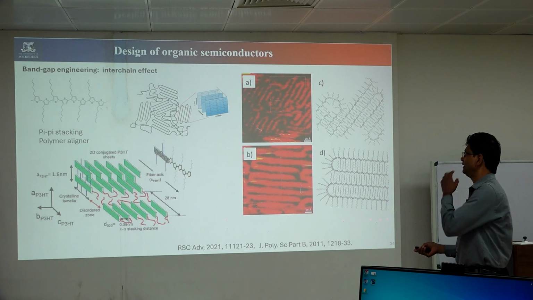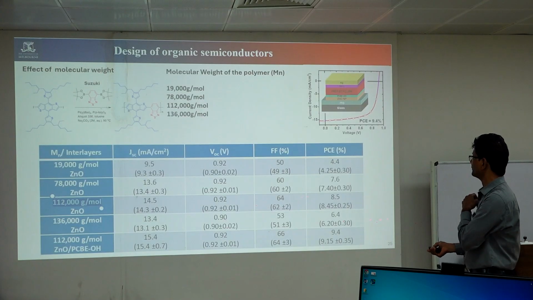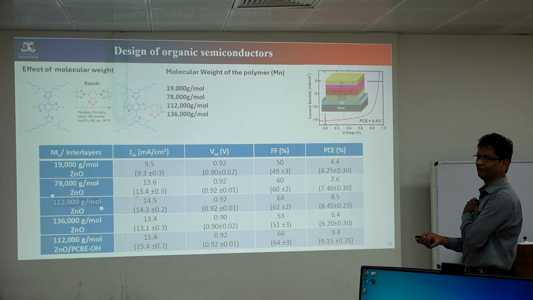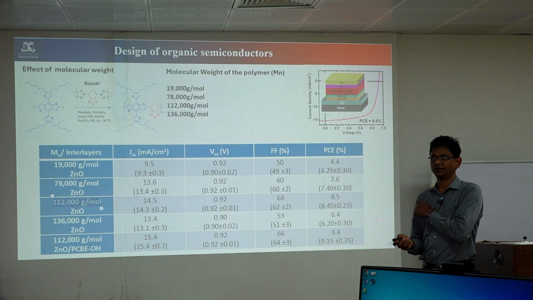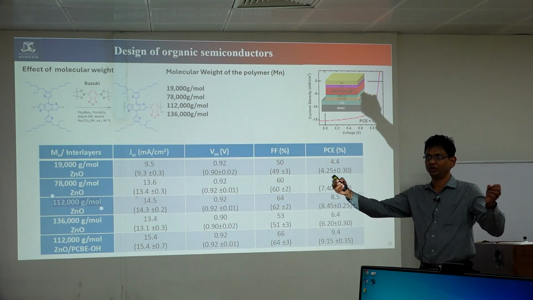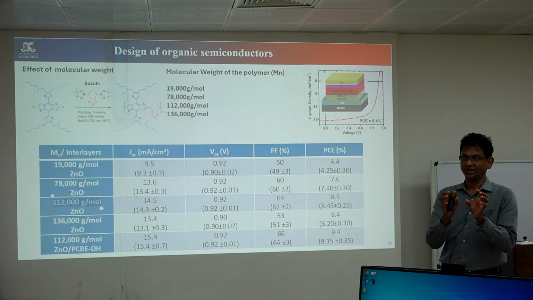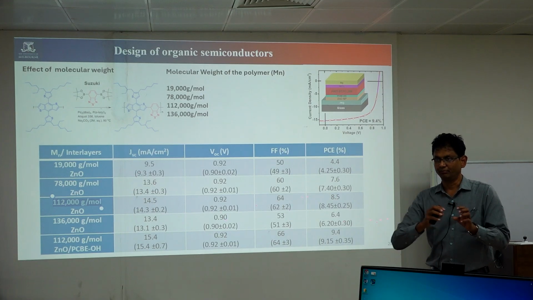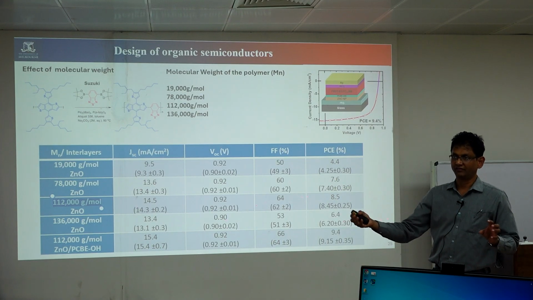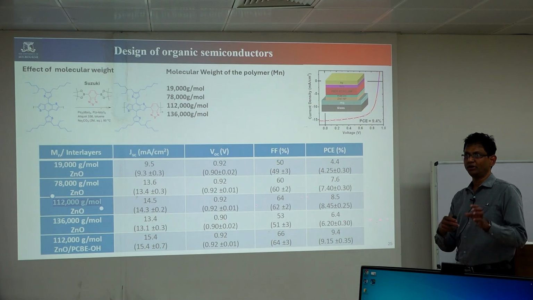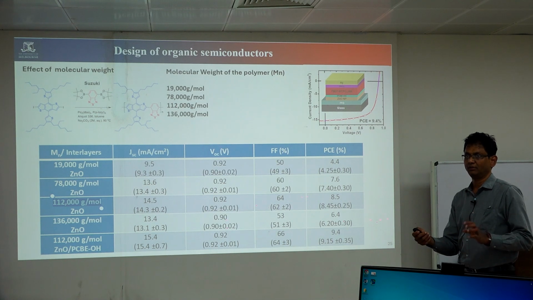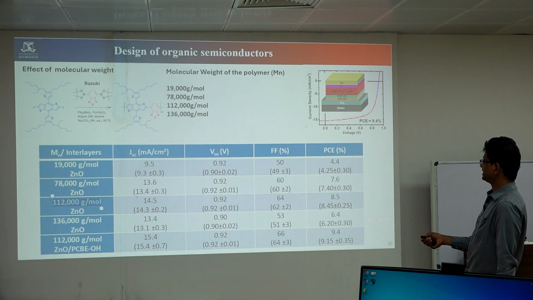The other one is the molecular weight effect. Molecular weight depends on the number of repeating units, because in a polymer, the molecular weight is according to how many repeating units there are. If you have many repeating units, it is a high molecular weight. So that affects your band gap. Suppose we synthesized this type of material with different molecular weights.